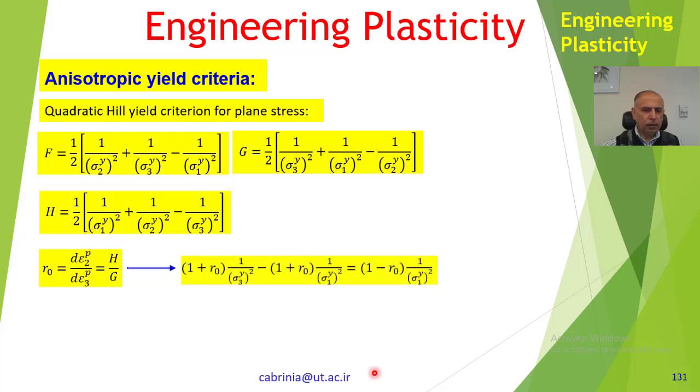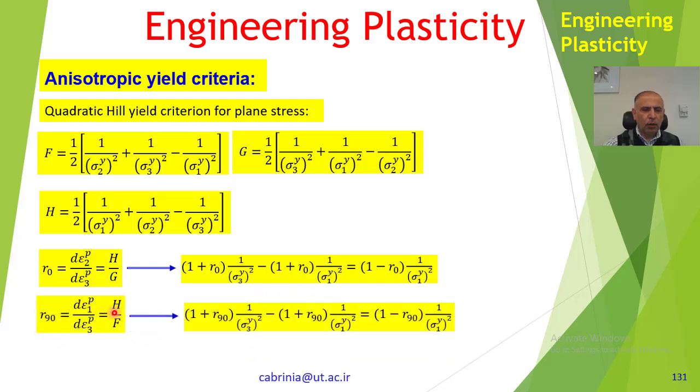And we have this equation r0 equal to h over g, so we could write down here h divided by g is equal to that over that. Okay, so if that divided by that gives us this expression, and here r90 is equal to h over f, so using r90 equal to h over f, we get this.